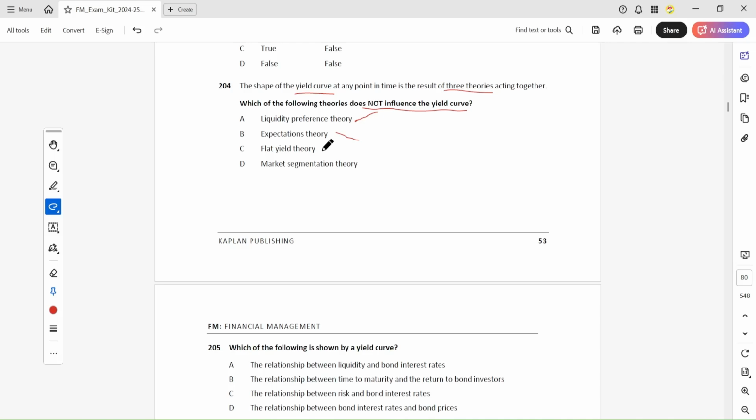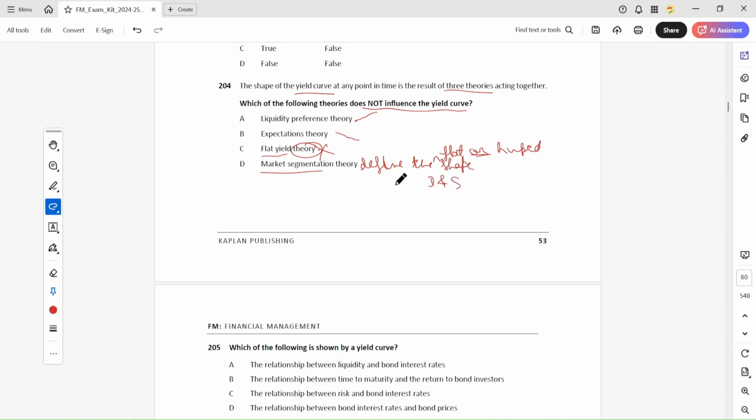Flat yield theory. No, flat yield is the shape of the curve, not the theory. So this is not a theory. Market segmentation theory defines the flat shape or humped shape, because it depends on demand and supply.